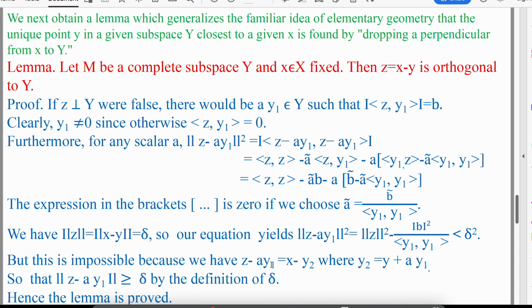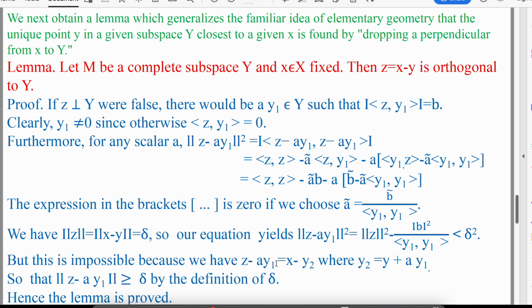Because z minus a1 y1 is equal to x minus y2 if we take y2 equal to y plus a1 y1. So it means the norm of z minus a y1 is greater than or equal to delta, because z minus a y1 is equal to x minus y2.